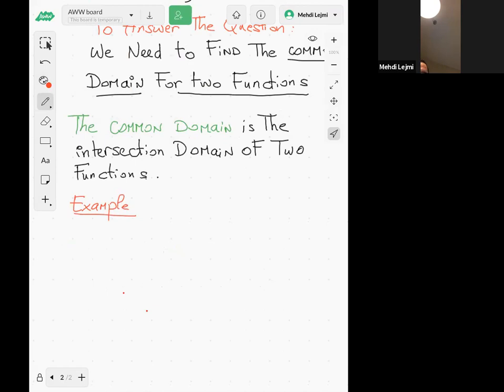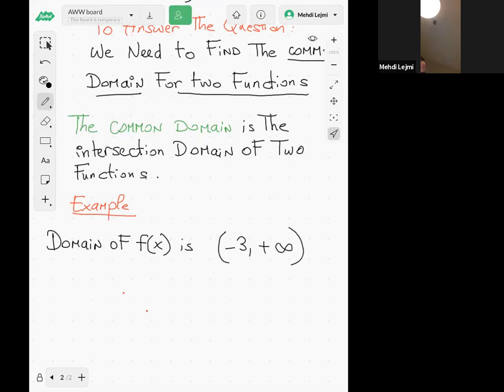Okay, so let's say we have two functions, f and g, and let's say the domain of f of x is, for example, negative 3 to positive infinity.